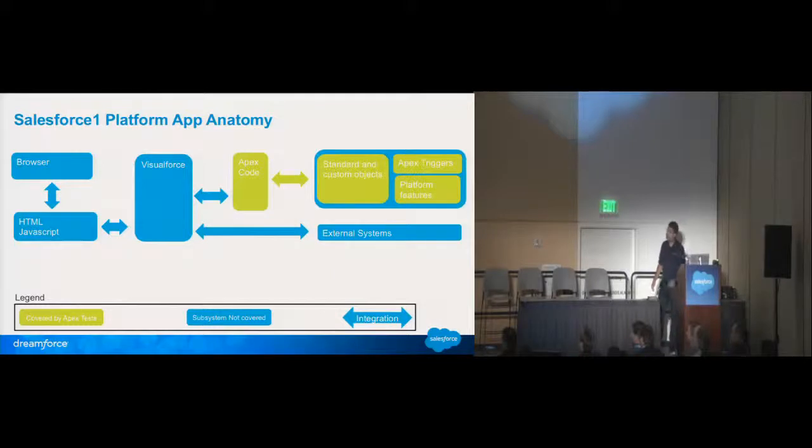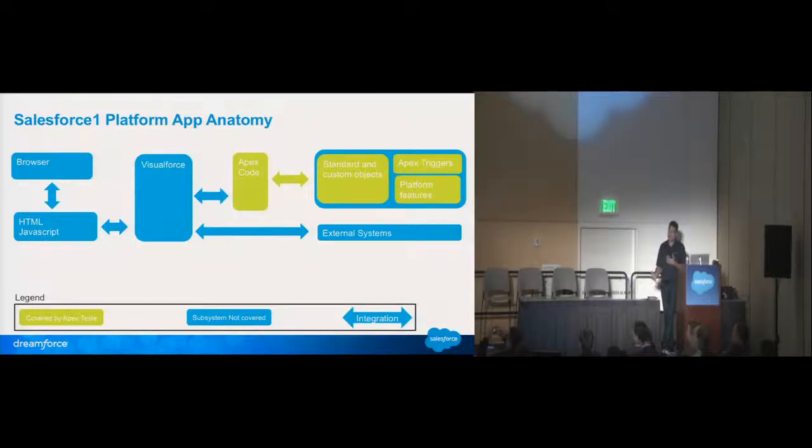So if you look at an anatomy of a simple platform app, you see that there are different subsystems interacting to provide service. So usually the user will access the system through a browser that is rendering HTML and executing JavaScript.